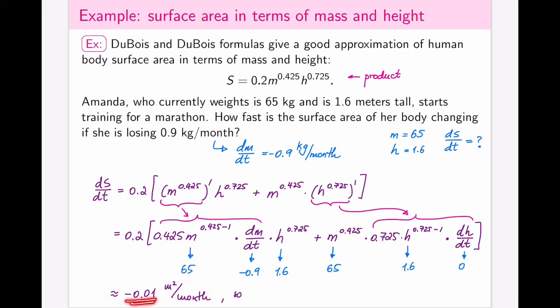And being negative, it means that it is actually decreasing. So Amanda's surface area is decreasing, and the rate is given to us by the number minus 0.001.